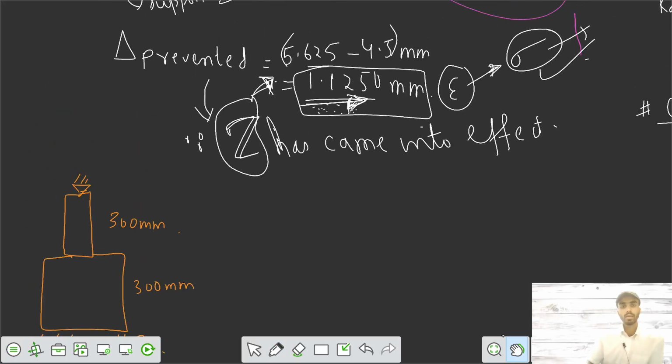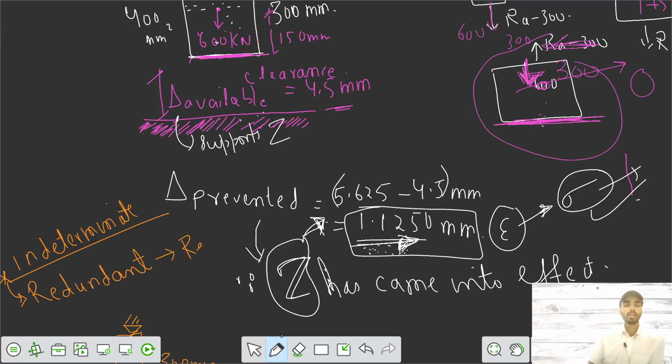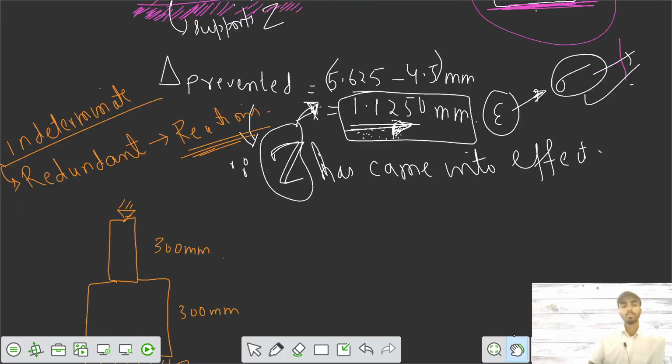When we say redundant, in indeterminate structures, when the unknowns are more, we keep one of the forces as unknown, that we say as redundant. It is a redundant support or reaction. So that was your redundant reaction.